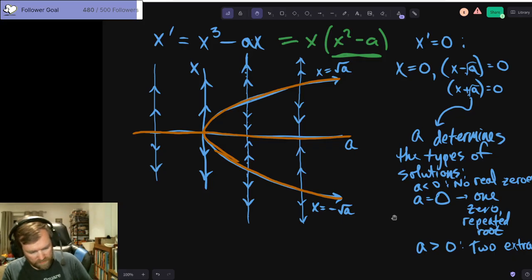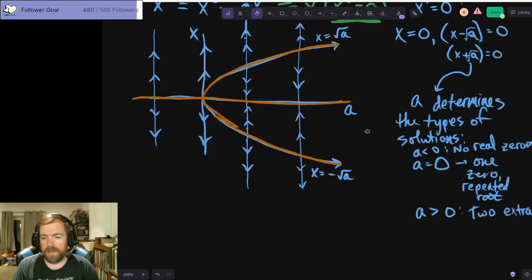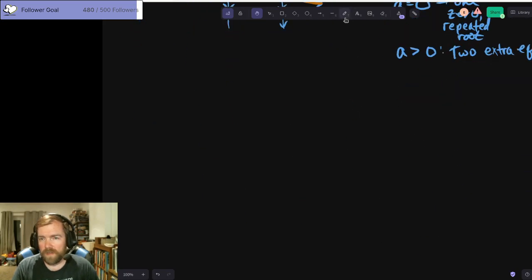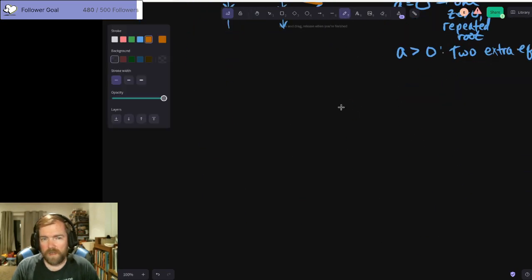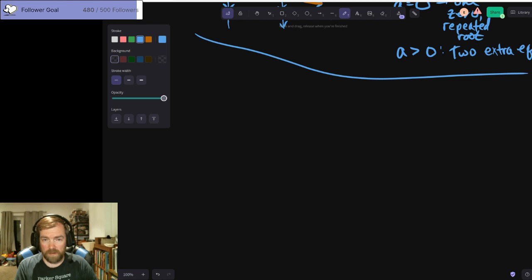Okay, so from here we could also look at systems. And so if we look at x prime is equal to x squared plus a, and y prime is equal to negative y.